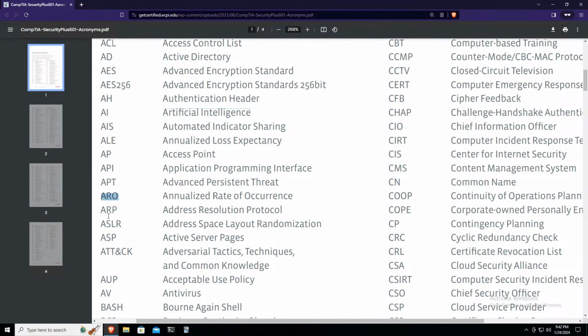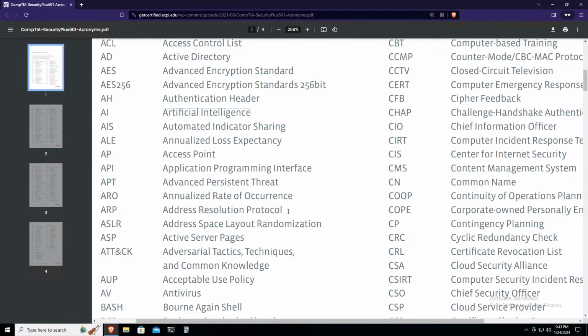So, ARP, address resolution protocol. I didn't get too many questions on this one, but it's related to where an address resolves to or goes to.